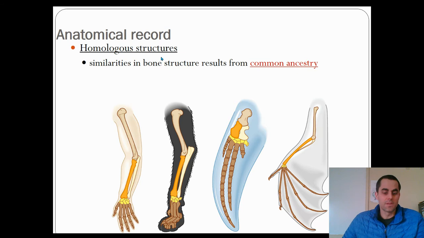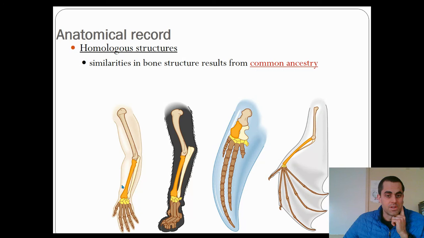Another thing we're going to talk about is anatomy. And so we have a few words when we talk about anatomy. And one is a homologous structure. So remember, homo means the same. And these are structures that on the outside look really different. So a bat wing and a whale flipper and a cat arm and a human arm do not look the same on the outside. But on the inside, they do.